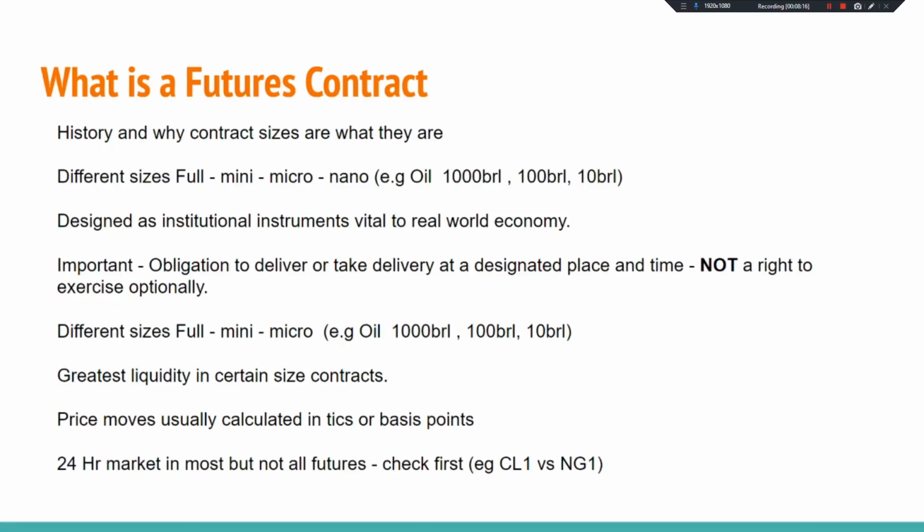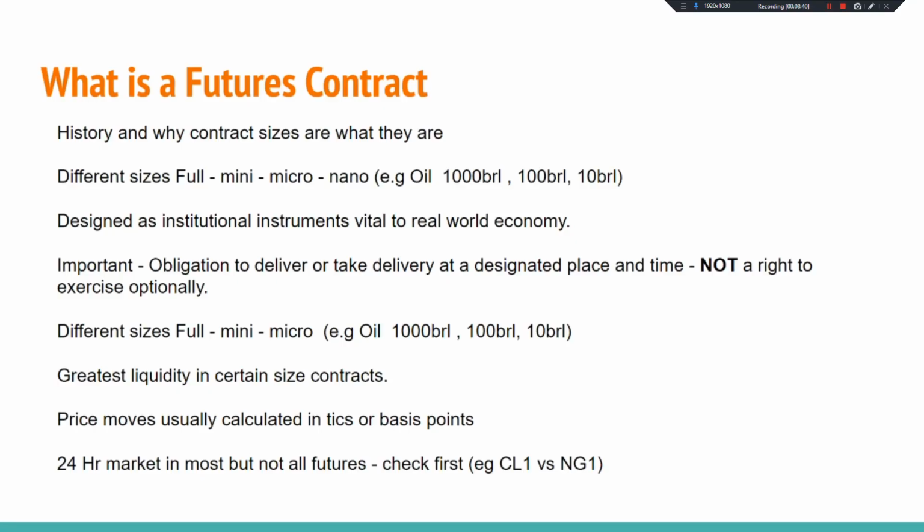It kind of started in Chicago, and the reason why some of the contract sizes are what they are, like if you buy soybeans it's 55,000 bushels, and various other sizes, lean hogs, 400 lean hogs, is that that was the amount that could fit into a standard size American railroad car at the time.